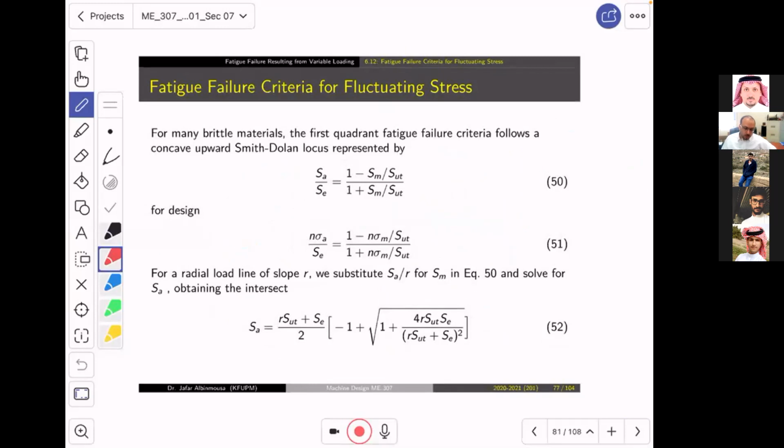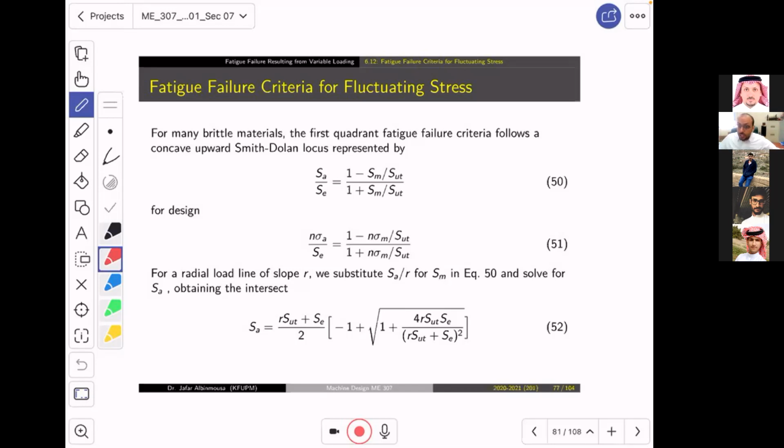We talked about failure in materials, which we characterized by what, guys? Yielding, SY. We saw, for example, that Gerber considers yielding as an intersection with the mean stress axis, and we saw Goodman talking about SUT.